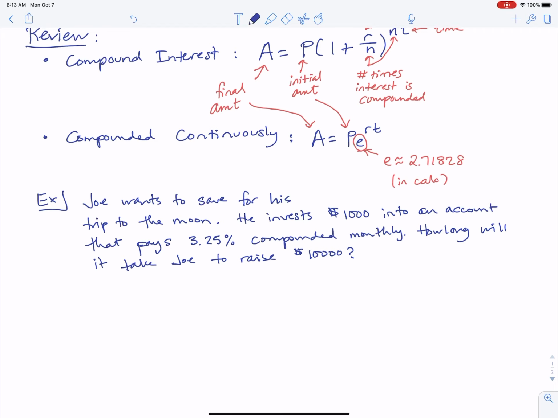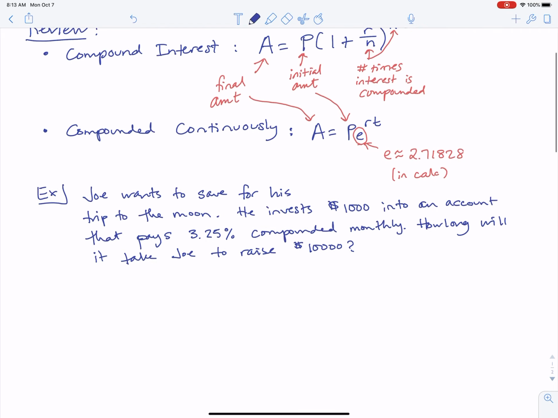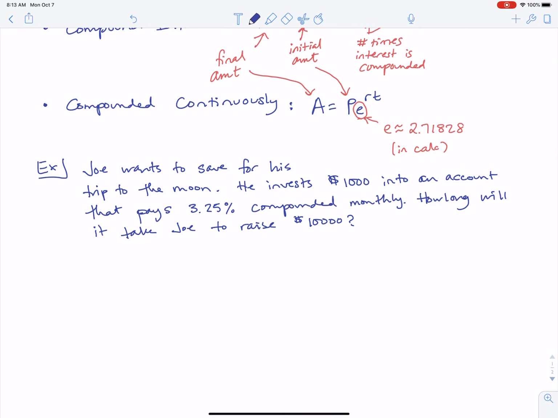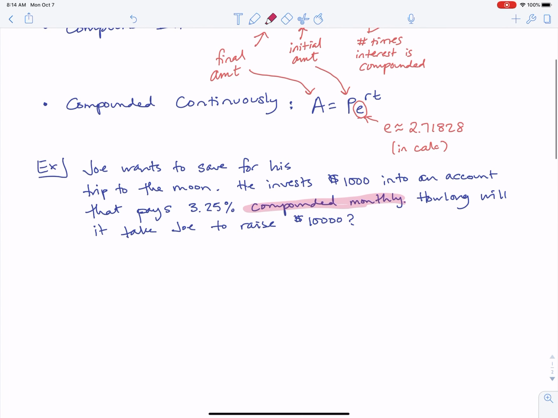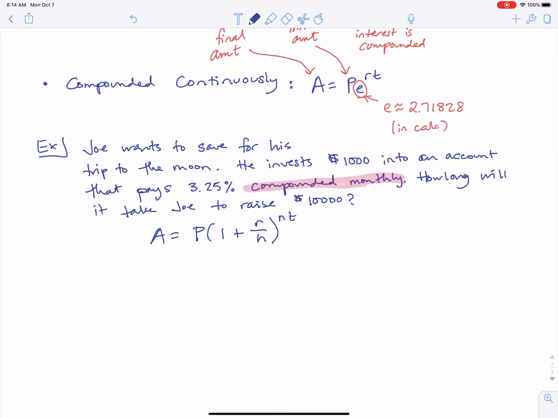All right, so what we have is a compounded monthly situation. So compounded monthly is your key phrase here. So that tells you that you are going to use the first formula that we wrote down. So in that formula, we've got A equals P times (1 plus R divided by N) to the NT. And so we want to substitute our values into that formula.